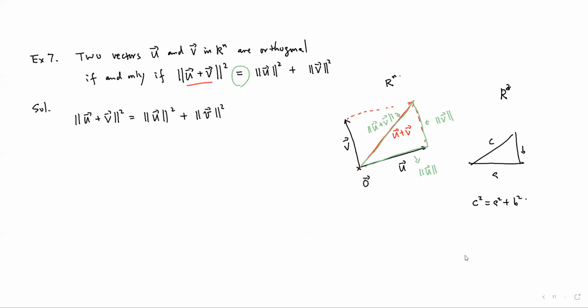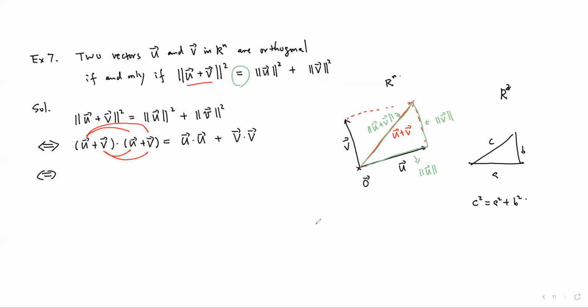Now this equation is true if and only if U plus V dot U plus V, the left side, is equal to U dot U plus V dot V. Let me simplify by distribution.